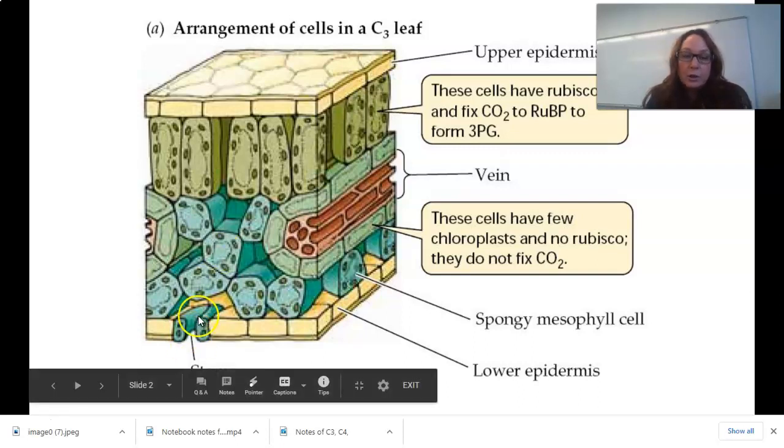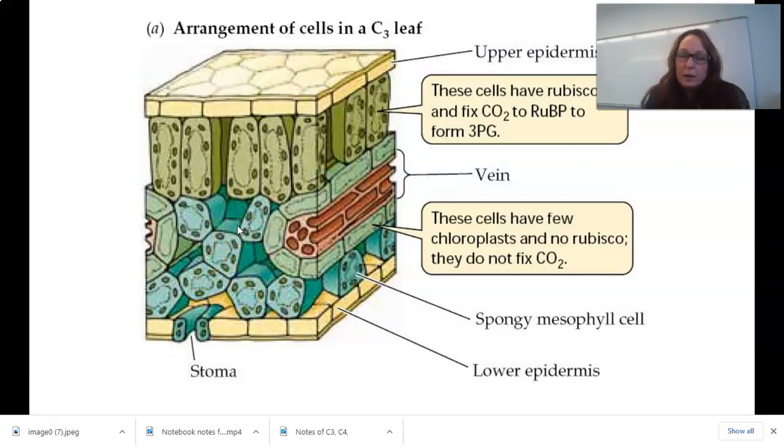So here's the stomata, and then you have this spongy mesophyll or parenchyma, and you've got all these air pockets. And even though these palisade mesophyll cells are pretty tightly packed, there's actually a lot of airspace in here.